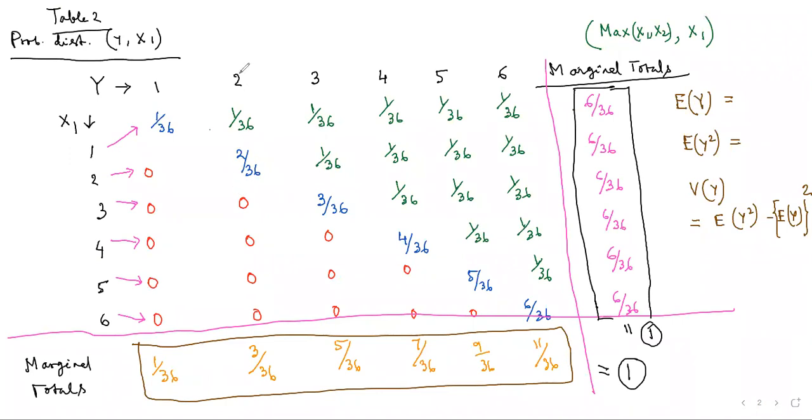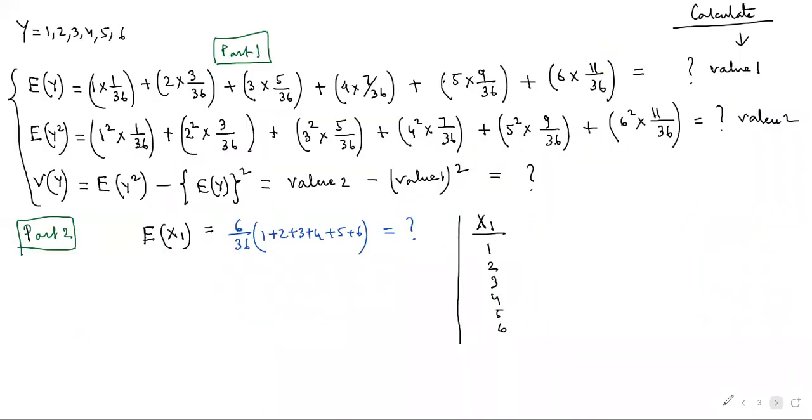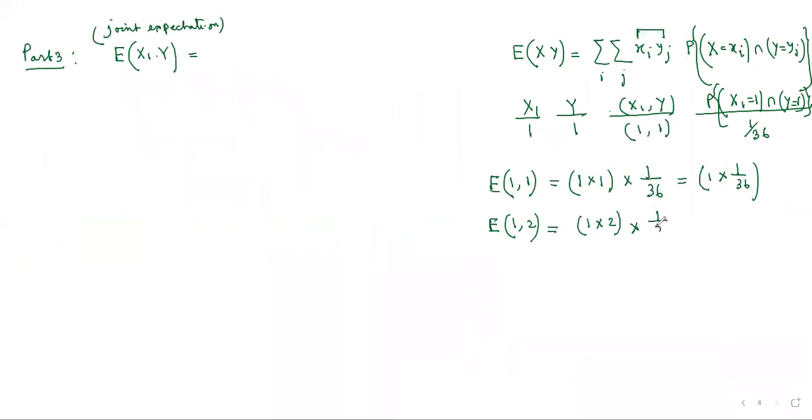Y equal to 2 is coming for two different values. So my 1 and 2, x1 is 1 and y is 2. So we'll multiply these two values and the joint probability is 1 by 36. Yeah. The joint probability is 1 by 36. And we're going to write it as 2 into 1 by 36.